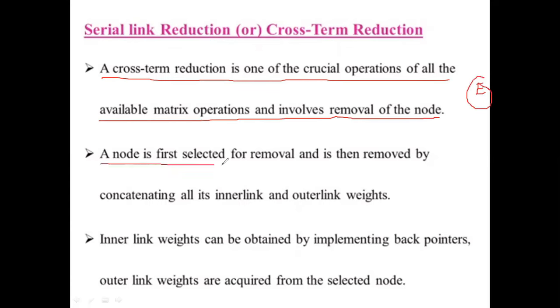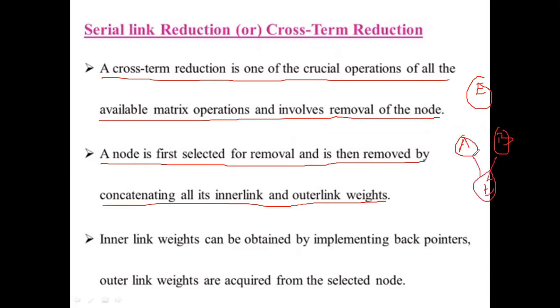A node is first selected for removal and is then removed by concatenating all its inlink and outlink weights. What it means: A is there, for example, then B, and this is the node E, with a transition.